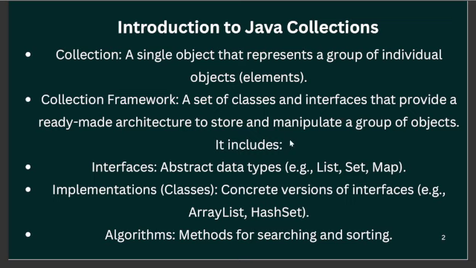It includes interfaces like abstract data types: List, Set, Map; implementations or classes like ArrayList and HashSet, which are concrete versions of the interfaces. We have algorithms also, like sorting and searching, so it basically saves your time and effort. So the collection framework is basically a ready-made architecture.